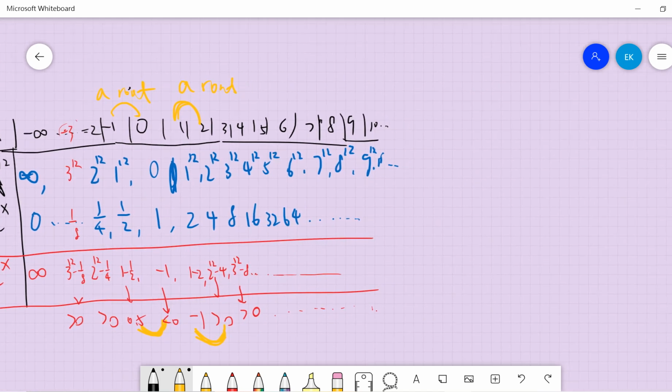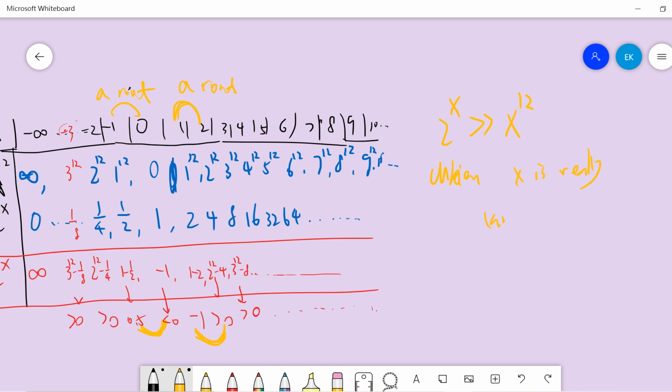But there is a final root that you already know, because 2^x is larger than x^12 when x is really large. I think everyone knows this, because 2^x is an exponential function, which is larger than a polynomial function when x is very large.